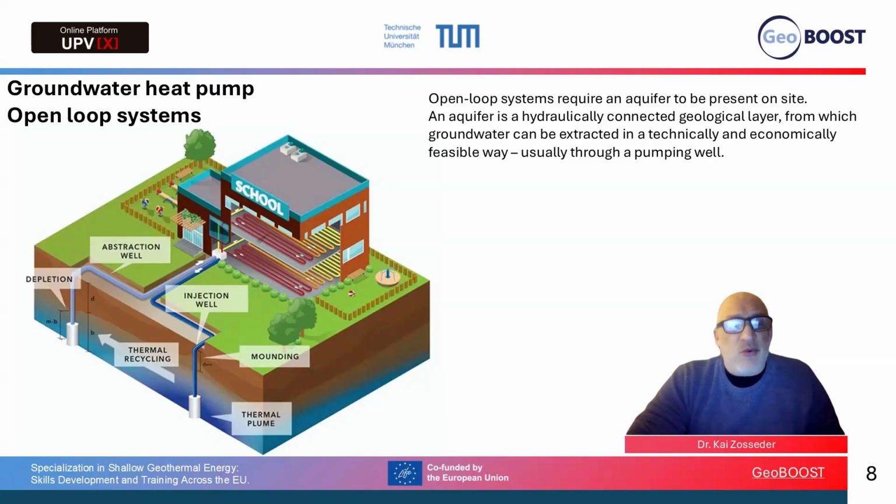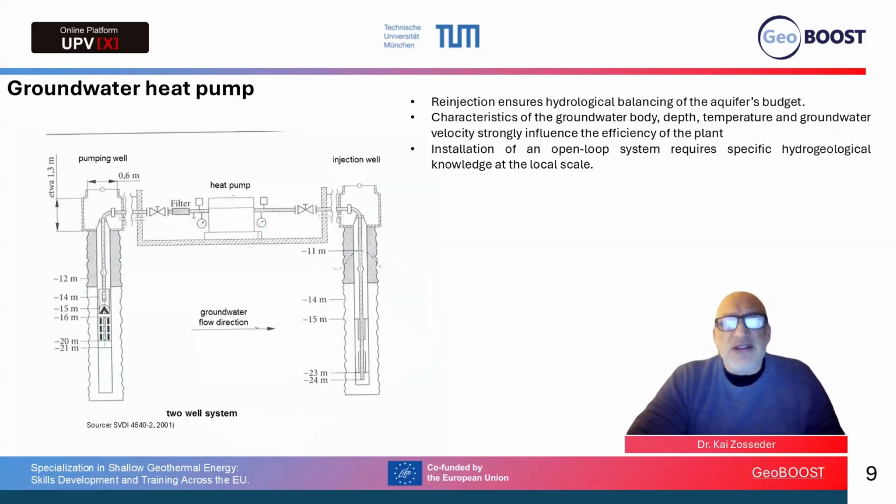This is cold water. We do not want to pump it back. So there must be a specific distance so that we do not have so-called thermal recycling. So we have specific parameters and a specific situation for how to set up such a groundwater heat pump.